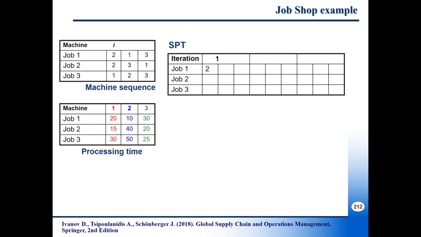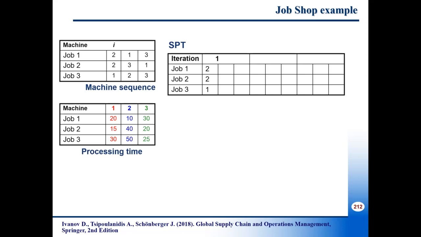In iteration number 1, we move all numbers for job number 1, that is first processed by machine number 2, and then job number 2 first processed also by machine number 2, and job number 3 first processed by machine number 1.